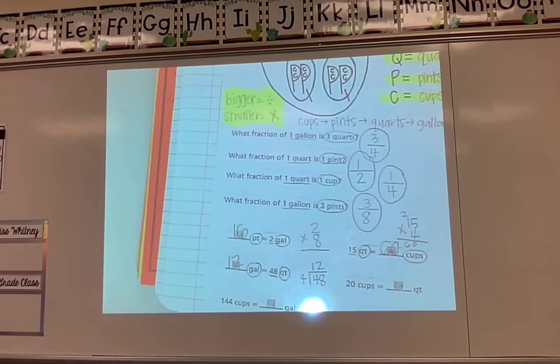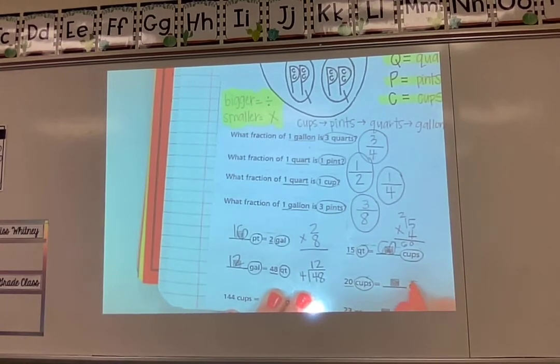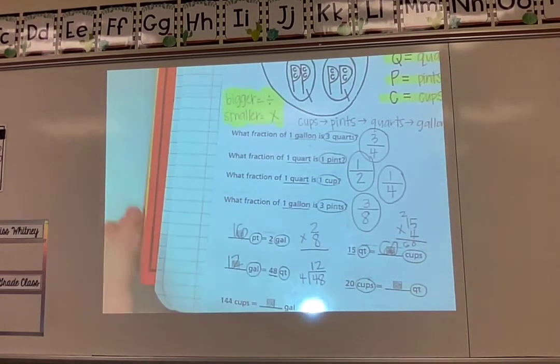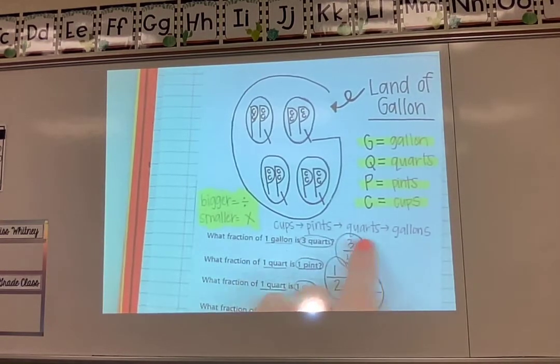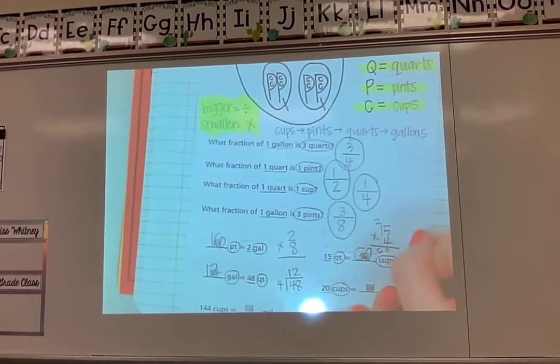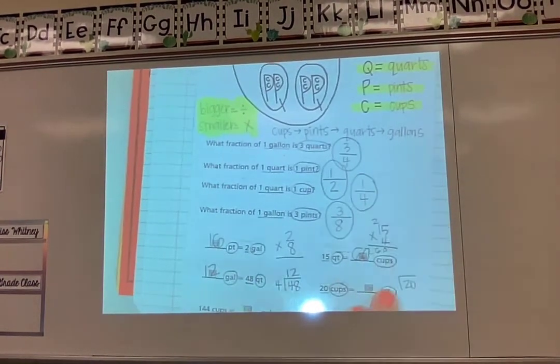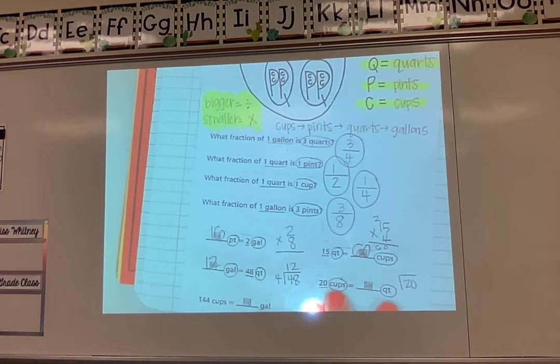All right, let's keep practicing. I have 20 cups, and I'm going to quarts. So I'm going from cups to quarts. Cups to quarts is getting bigger, so I'm dividing. 20 divided by, then I have to use my picture. Cups to quarts.